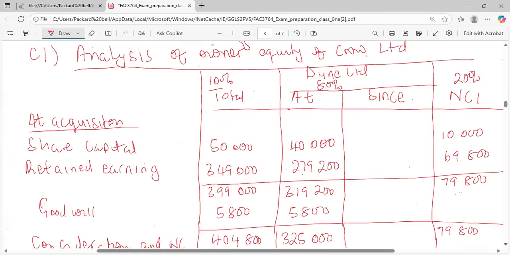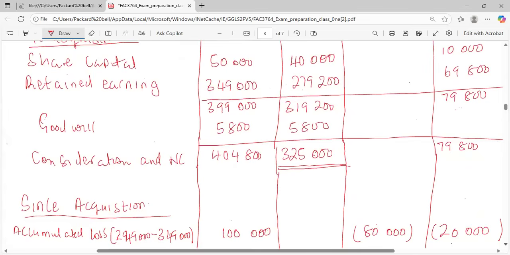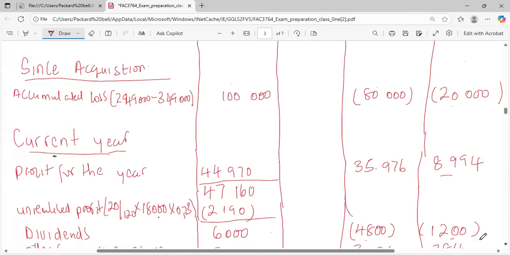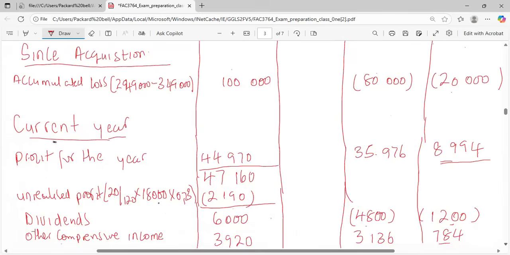The profit for the year that has gone to NCI is 8,994. Then you check the other one from Berry Limited.